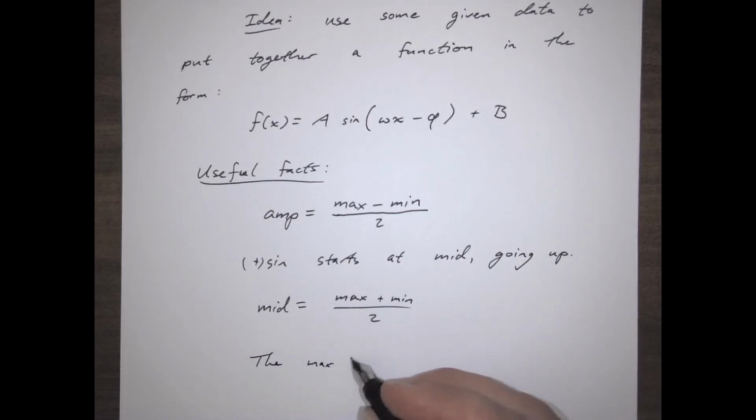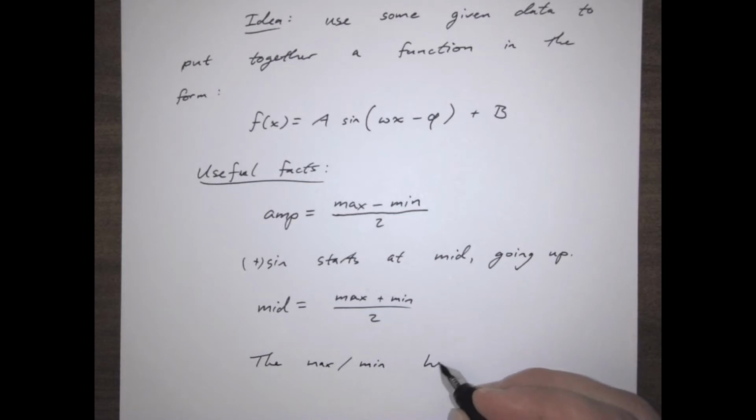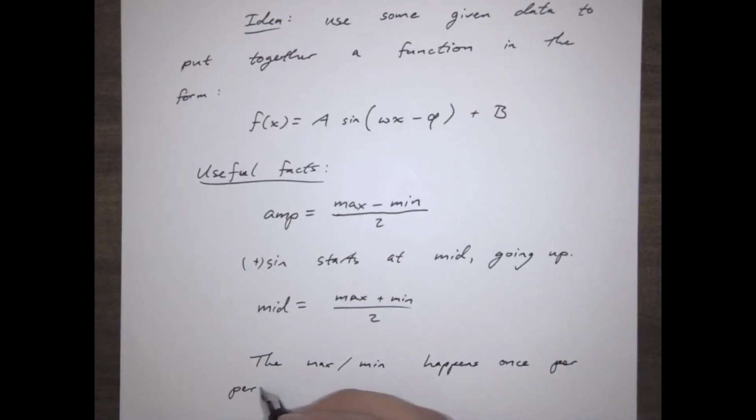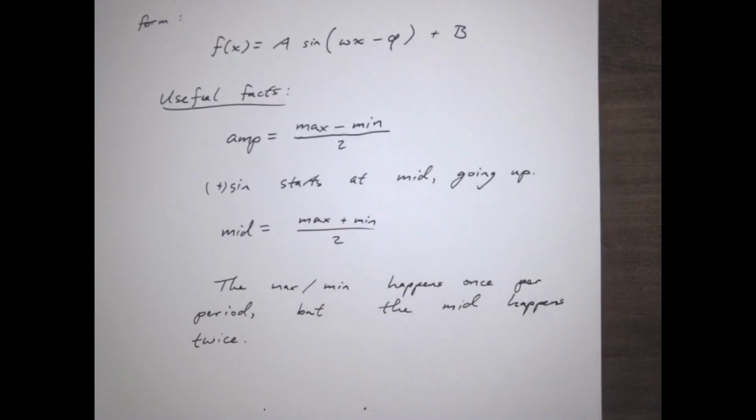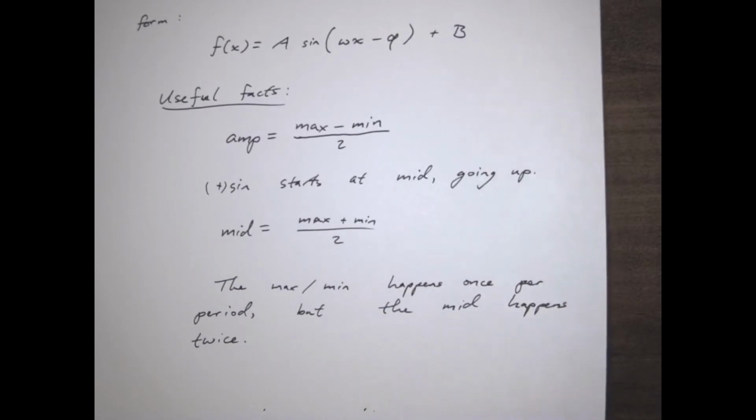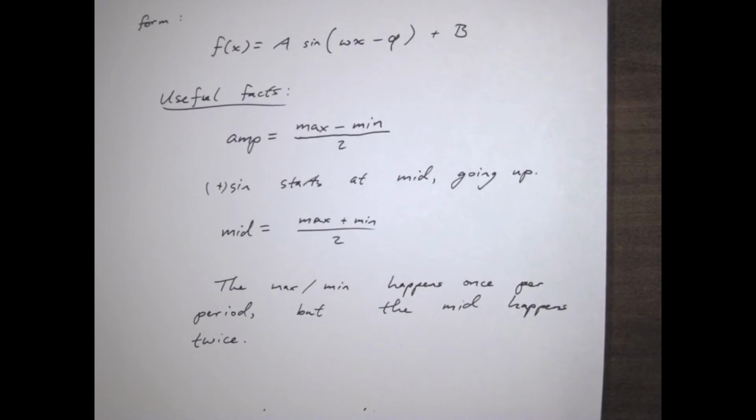The max slash min happens once per period, but the mid happens twice. This is just an easy mistake to make sometimes, to accidentally not take proper account of that fact. All right. Well, enough of that.